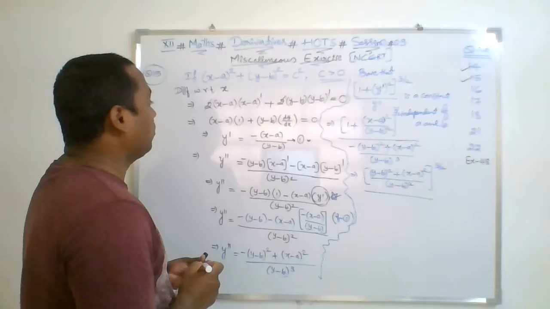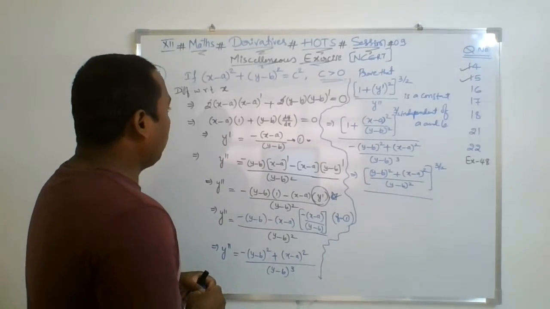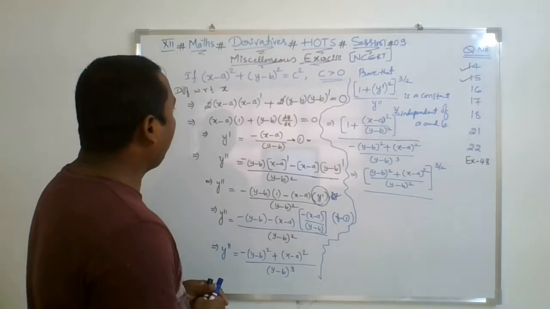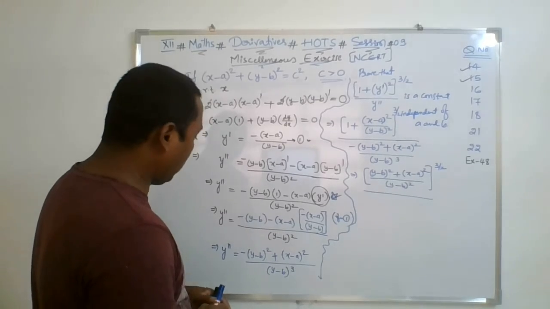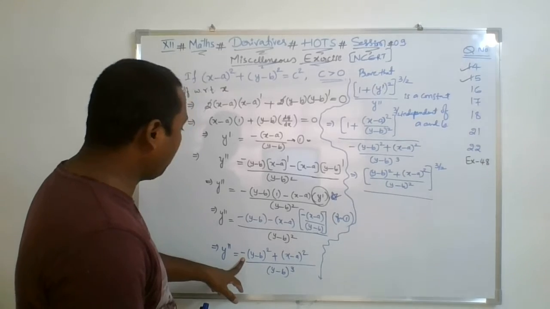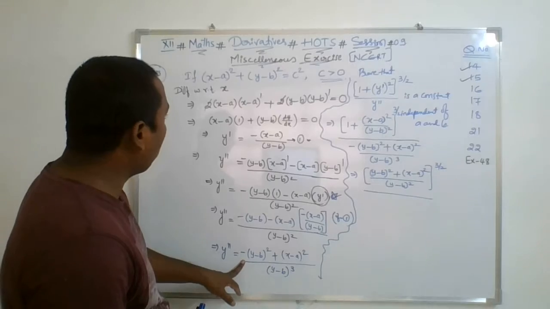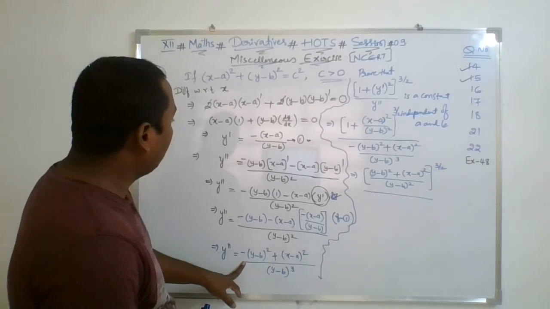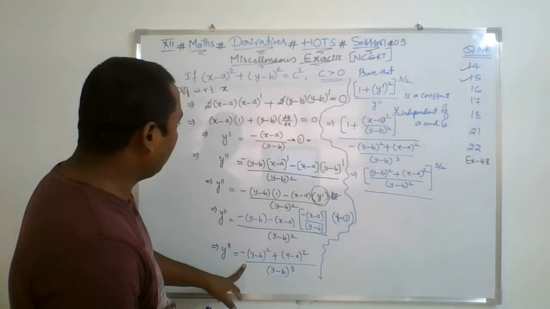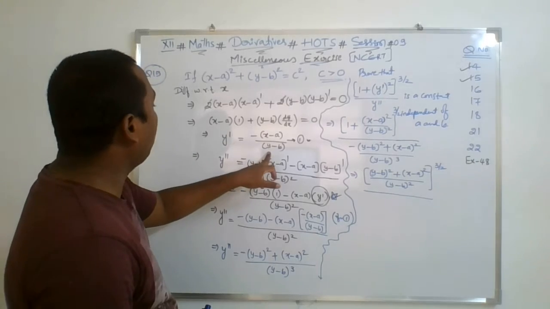I think there should be a change in the question, then only we will be able to get the proper answer. This minus has to be adjusted somewhere else. It has to be c square. If it is there, then the minus will go in the denominator.